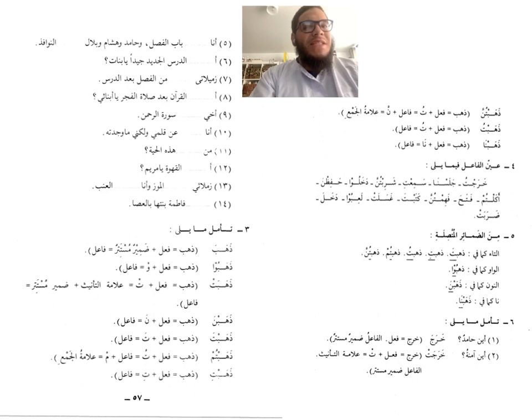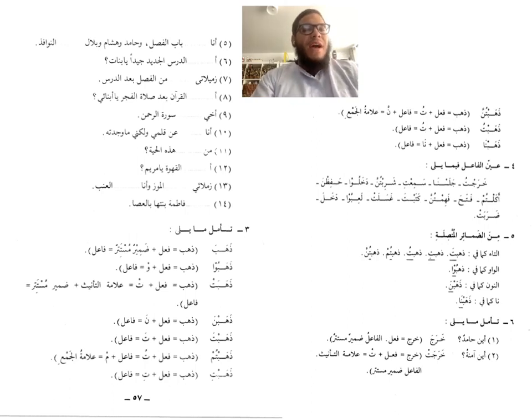Alamat al-ta'nith, the sign of femininity, plus damirun mustatir, a hidden pronoun, because ta is a sign of feminine, it's not a pronoun, okay? This ta with sukun, dhahabat, is a sign of feminine, singular, but it is not the pronoun. The pronoun is hiya, which is hidden, damirun mustatir, and that is hiya.